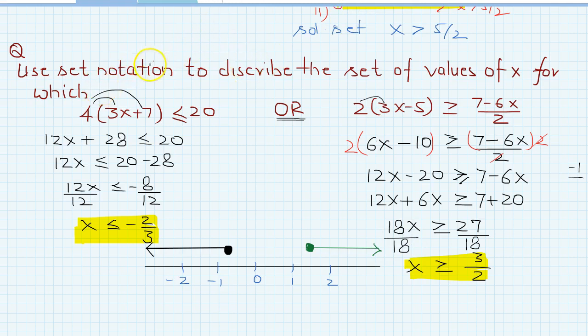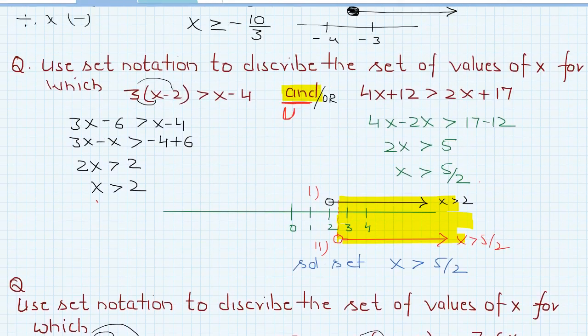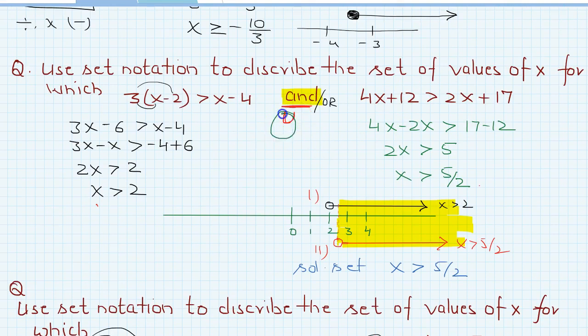Now we have to describe this in set notation, and we have these two inequalities because it's "or". So "or" means this or this, so that is called a union. And in the last question, I think I told you it's a union, but no, it's an intersection.